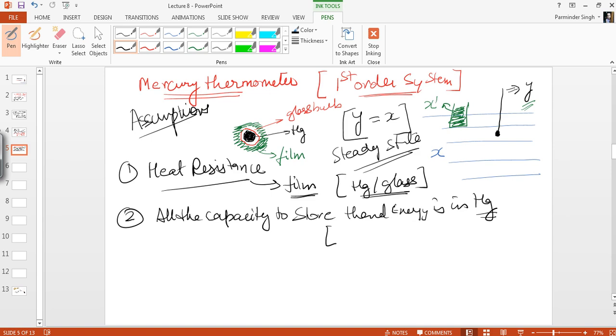We assume that mercury takes all the heat, glass does not take any heat. Clear? The third assumption is the glass bulb does not expand or contract.